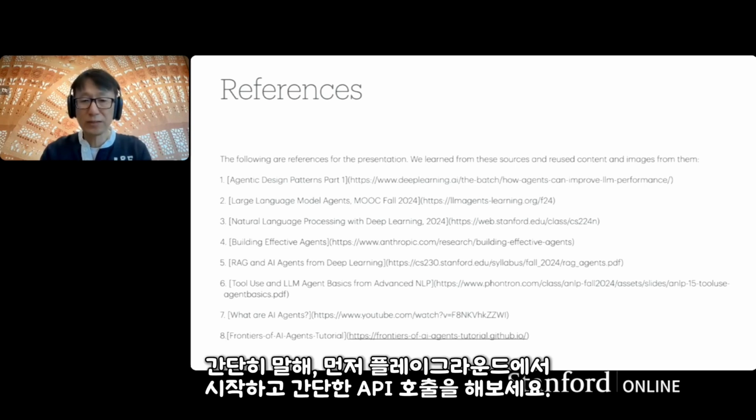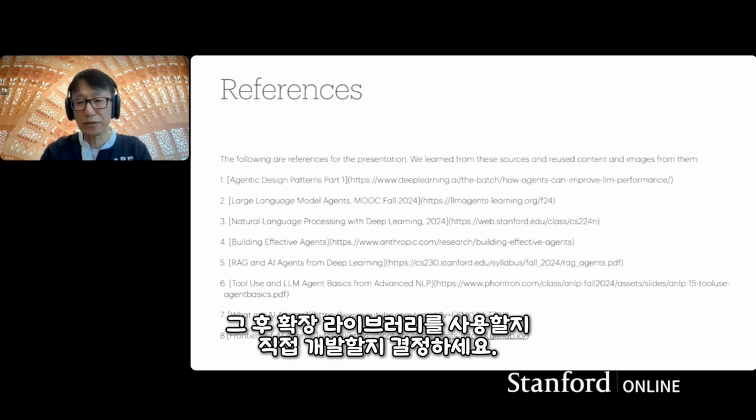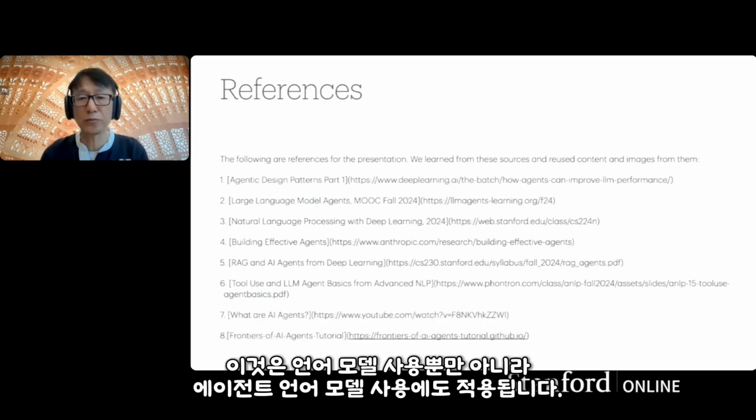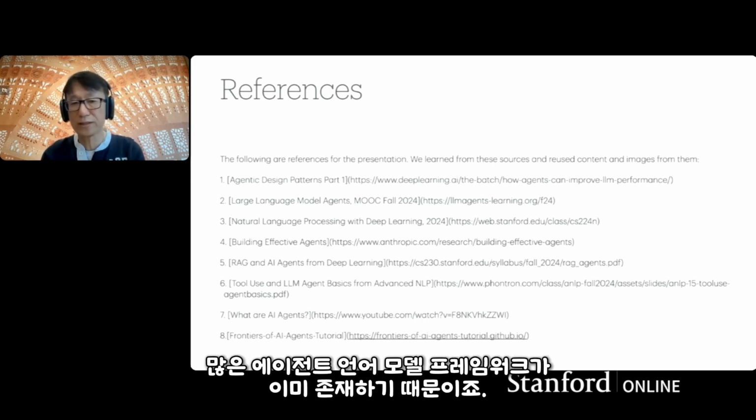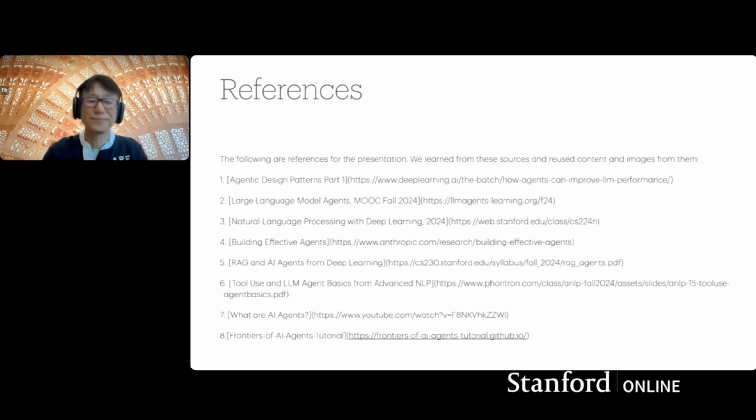So in short, start simple, work on a playground first, then make simple API calls, and then decide whether you want to use more extended libraries or just continue your own way. This applies to language model usage as well as agentic language model usage, because there are also many agentic language model frameworks out there.